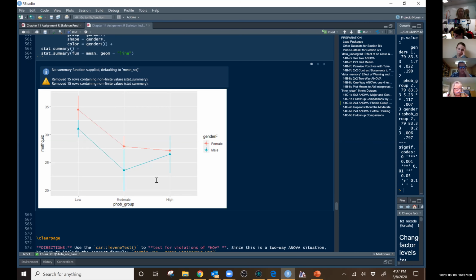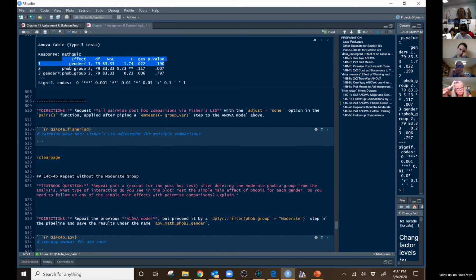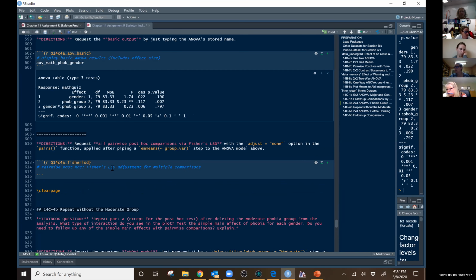Phobia group has how many levels? 3. So when the F-test says phobia has an effect, we need to do follow-up tests to see which of the 3 groups differ from which other groups. Now this is another way to do post hoc tests.